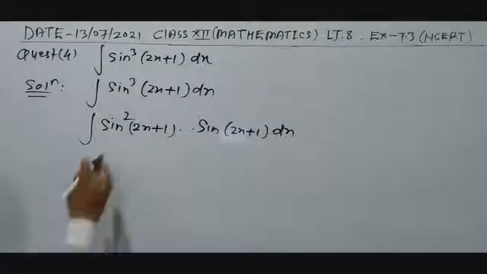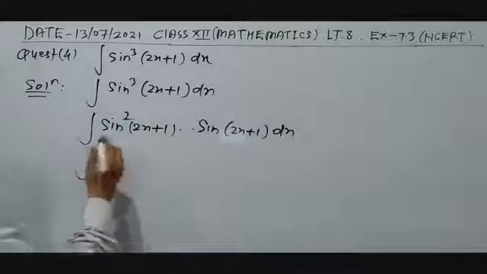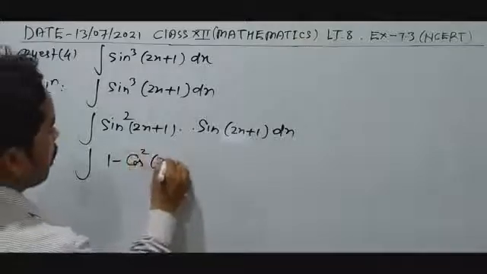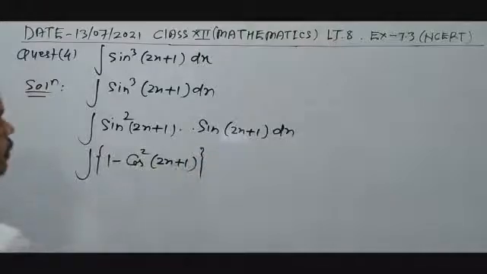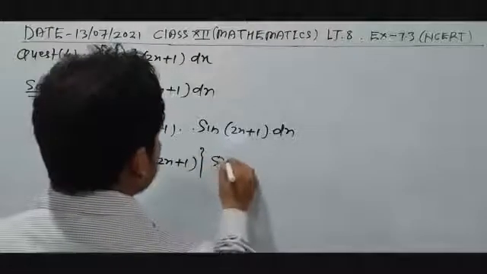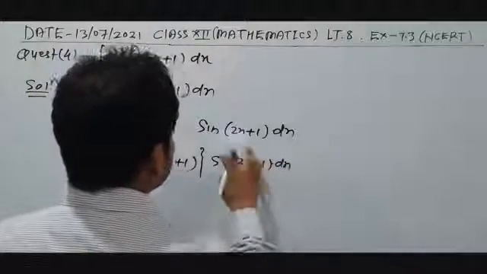Now again, you can change sin square theta in terms of cos square theta. The result will be 1 minus cos square of 2x plus 1. This is the value of sin square of 2x plus 1. Now multiply by sin of 2x plus 1 dx.